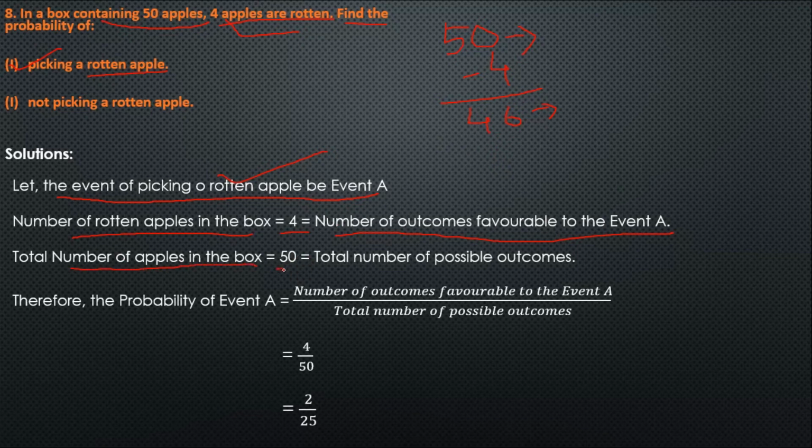Total number of apples in the box is how much? 50. This is not going to change, I have already told you. Total number of possible outcomes is 50. Now you have to just replace the formula and this will give you your answer. 4 divided by 50, cancel out the common factor, this will give you 2 divided by 25.